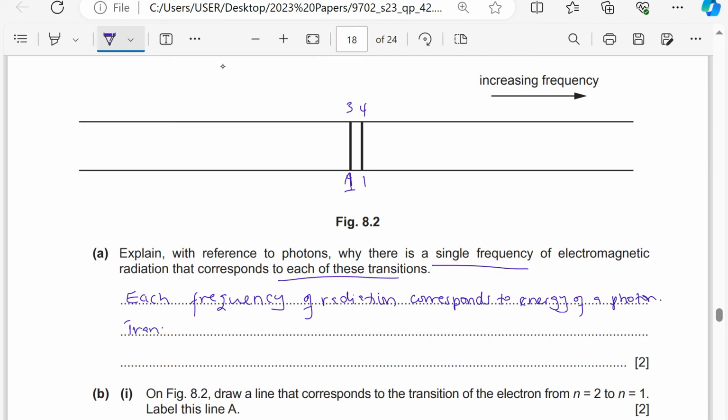And we know that each transition emits one photon whose energy is equal to the difference between two energy levels.